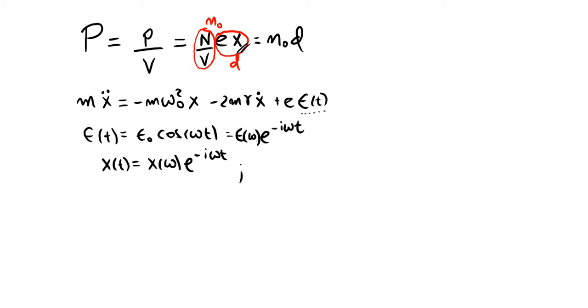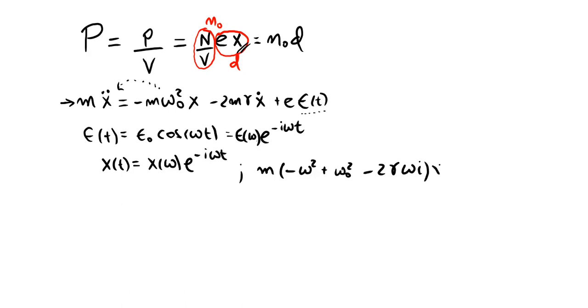You impose the solution in the equation. So now what we are going to see is m, then you have minus omega squared, then plus, I'm going to put all these terms on the other side of the equation, right? So this is going to be plus omega 0 squared and minus 2 gamma, and the derivative here will give you a term like an omega here, right, with i.